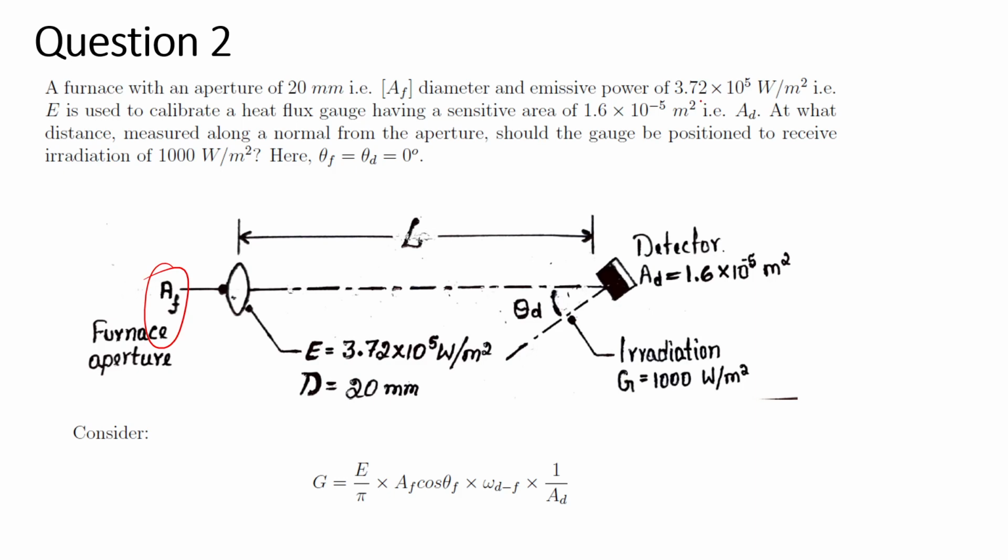The emissive power of 3.72 into 10 raised to 5 watt per meter square, that is E, is used to calibrate a heat flux gauge having a sensitive area of 1.6 into 10 raised to minus 5 meter square, that is AD. At what distance measured along the normal from the aperture should the gauge be positioned to receive an irradiation of 1000 watt per meter square, whereby we have been given that theta F is equal to theta D is equal to 0 degrees.